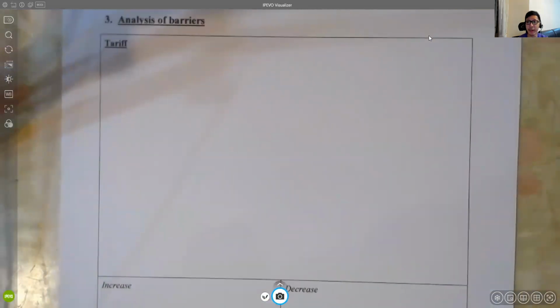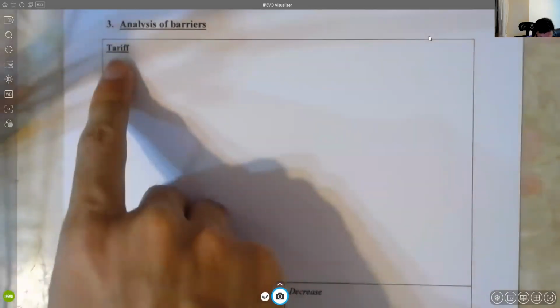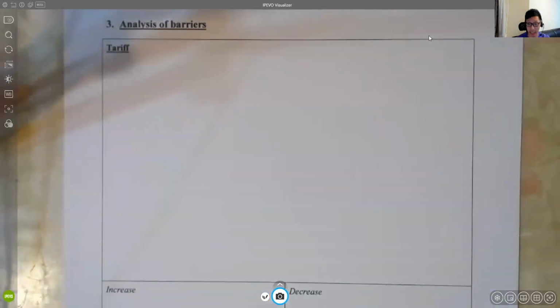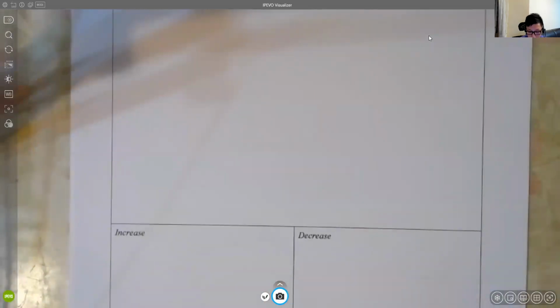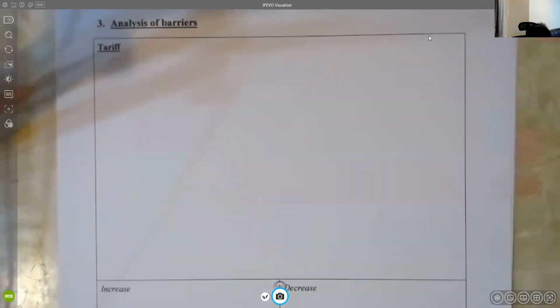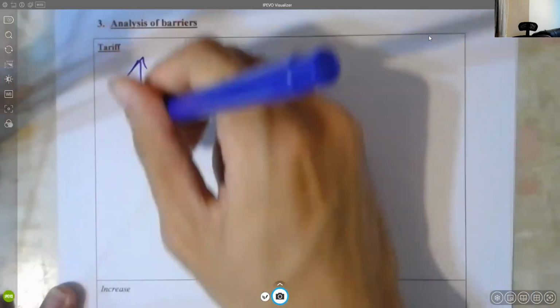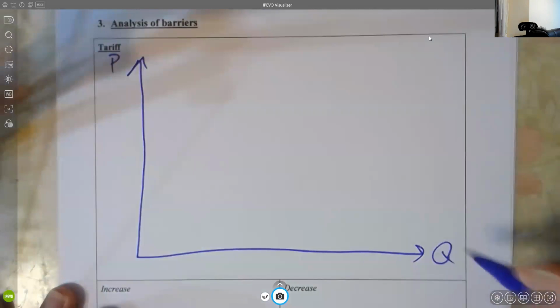Now, for this chapter, we need to look at two different kinds of trade barrier. First type, we call it tariff, taxation. 嗱，下面嗰兩格唔好理啦, increase decrease, don't mind those two boxes. What happens is that, of course, we have our demand.